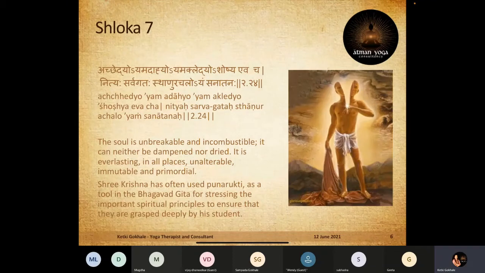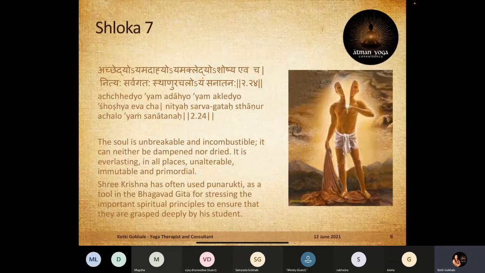unalterable, immutable, and primordial. Shri Krishna has often used punarukti, that is repetition, as a tool in the Bhagavad Gita for stressing important spiritual principles to ensure that they are grasped deeply by his student. Because we forget; again the force of avidya takes over, and we go back into asmita, into avidya.